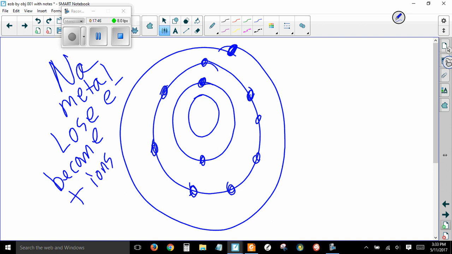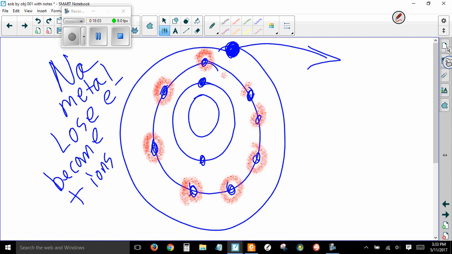Because what happens is sodium says, hey, if I lose this outermost electron, if I give it away, I now have 1, 2, 3, 4, 5, 6, 7, 8 valence electrons. All I have to do is get rid of this electron right here. And so that's what it does. It loses an electron, and it's really easy because it's got to lose 1.